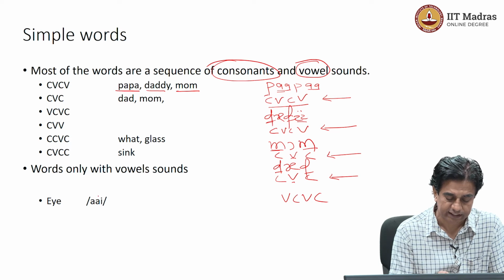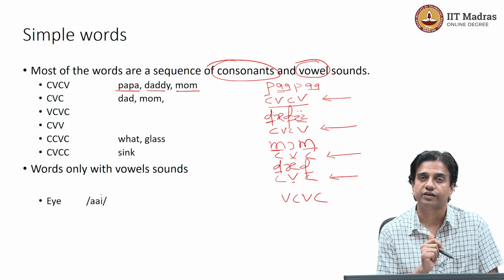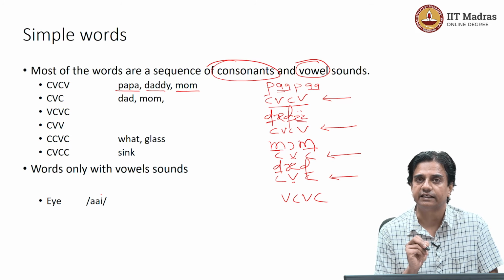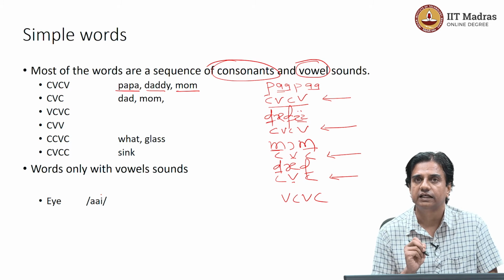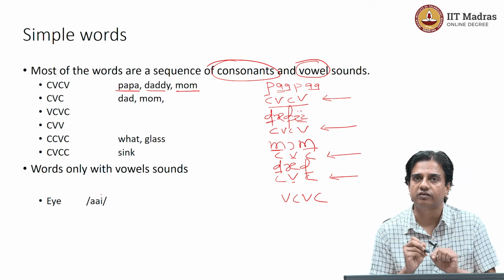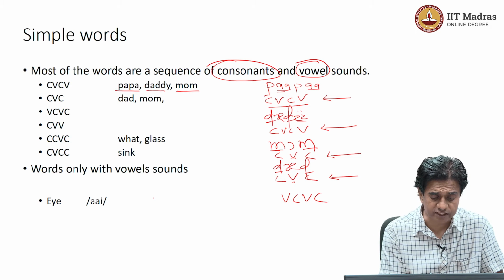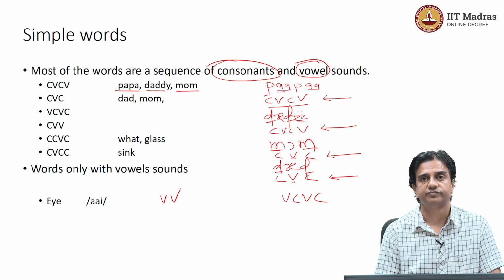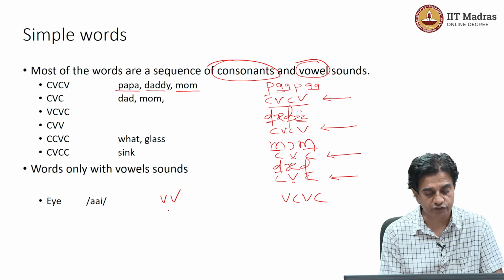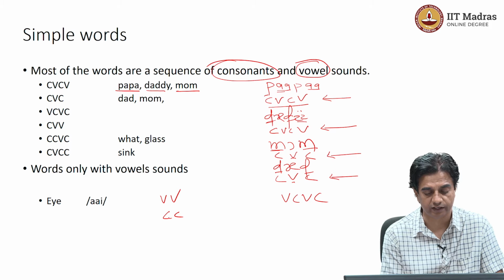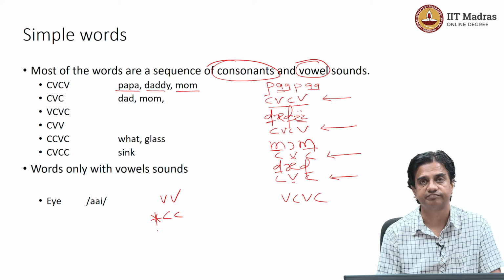Look at this. I have been telling you that vowel sounds are more basic in a word. That is, a word is possible only with vowel sounds. So, it is possible to have a word like this, but it is not possible to have a word just like this.